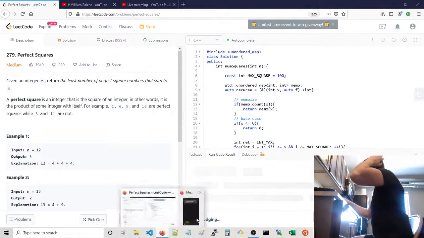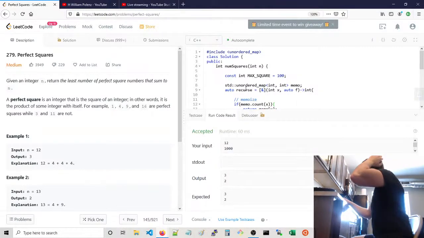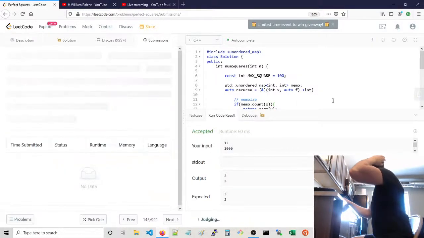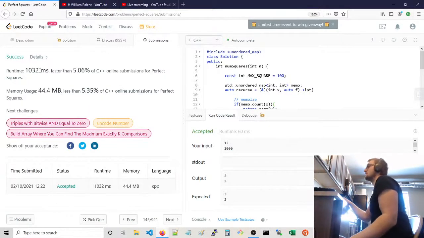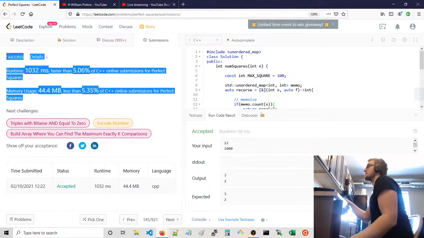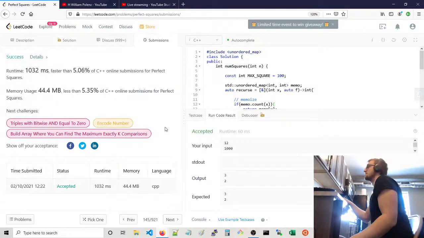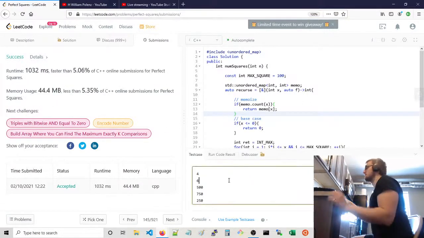I'm trying to think of something. Let's go for it. Yep, got there. Whoa! That is very slow. Okay, well, at least we got there.